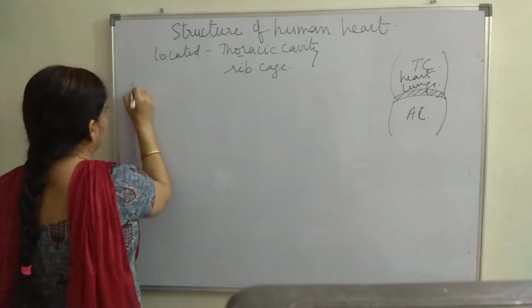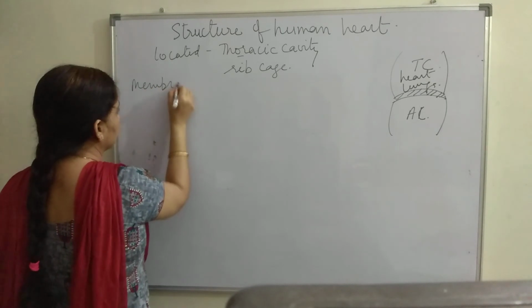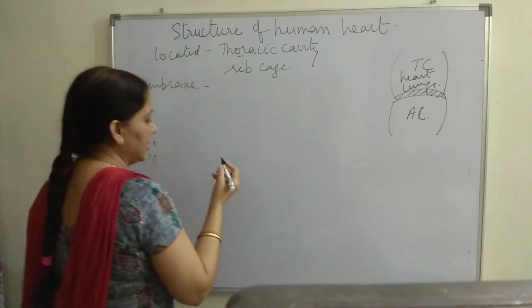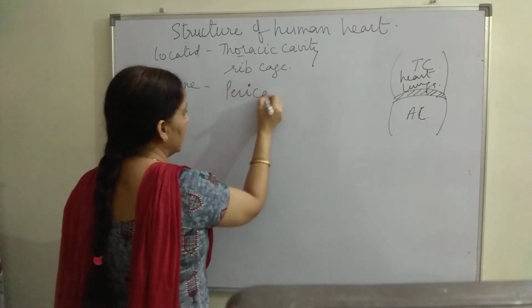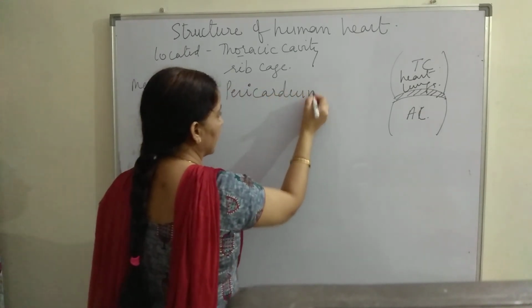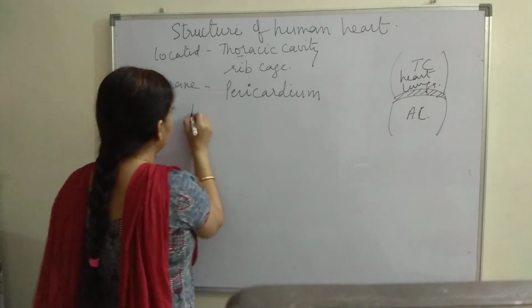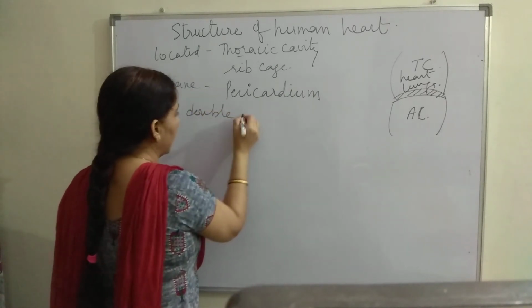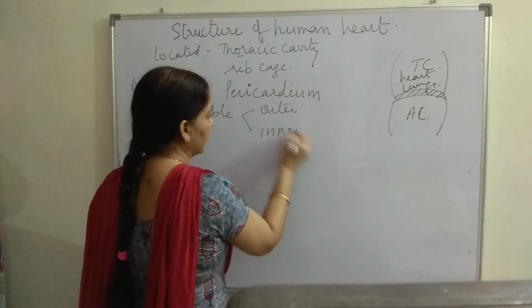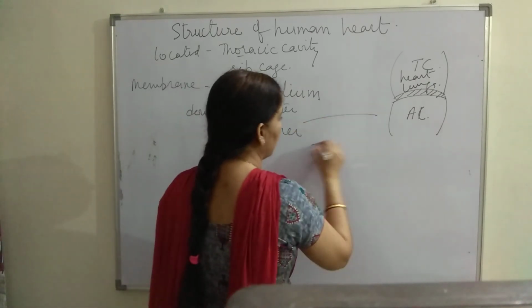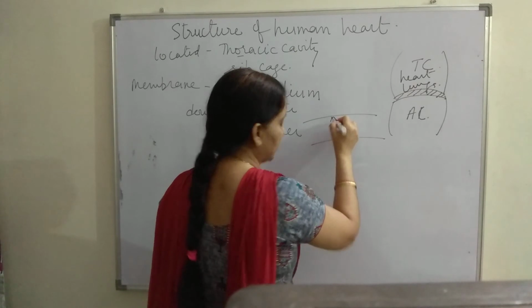If we talk about the membrane of the heart, the heart is covered with a double membrane which is called pericardium. Pericardium is a double membrane. It has an outer and an inner membrane, and between these two membranes there is a space.